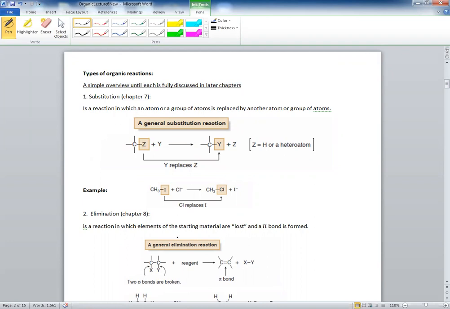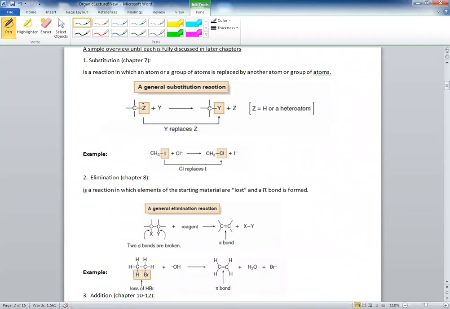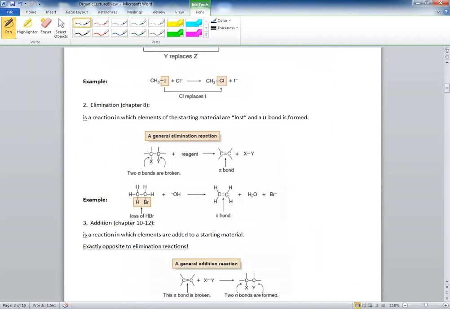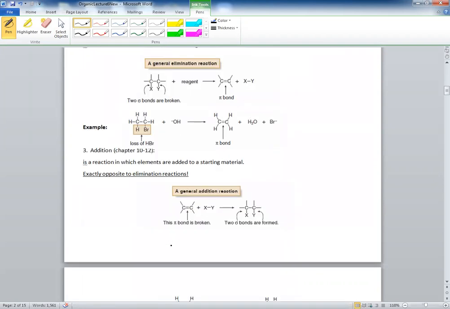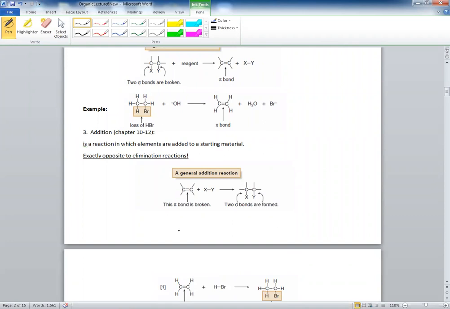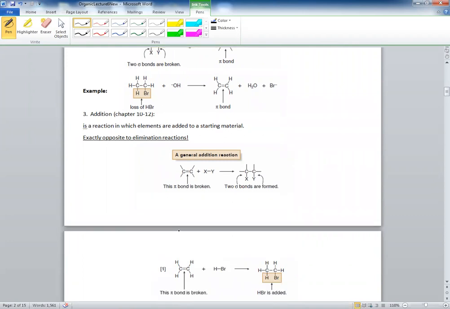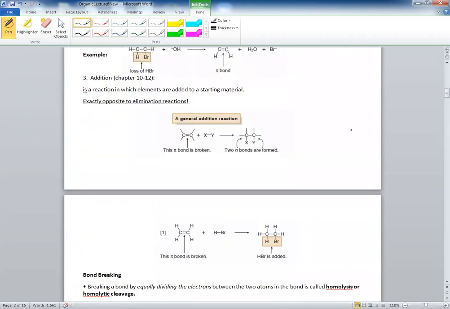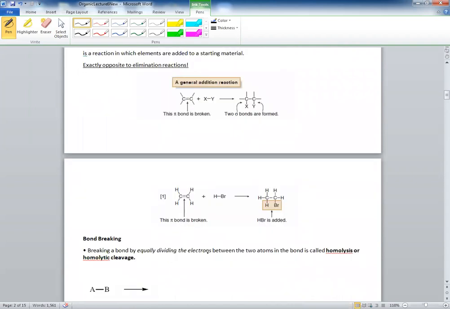There will be theories in every chapter, but they will be based on reactions and mechanisms. That's what organic chemistry is about. So there's a substitution. Z leaves, and then Y replaces it. Like I said, just look at them. We will examine them more fully in their respective chapters. That makes more sense rather than overwhelming you right now. So just look at it, and for each chapter we will cover that.